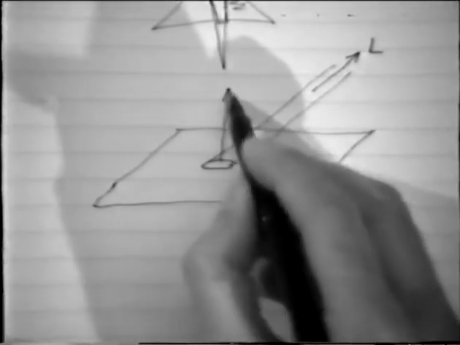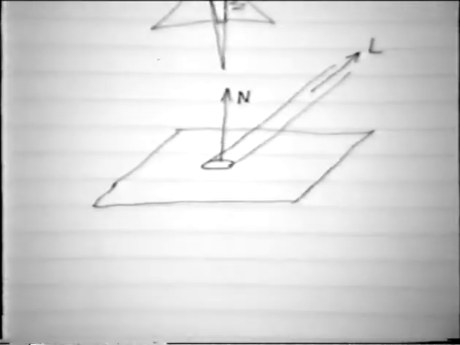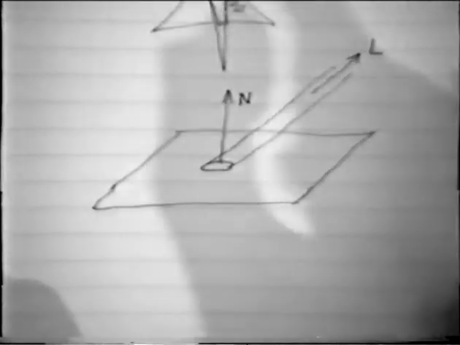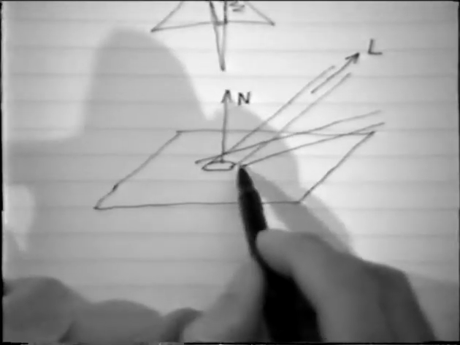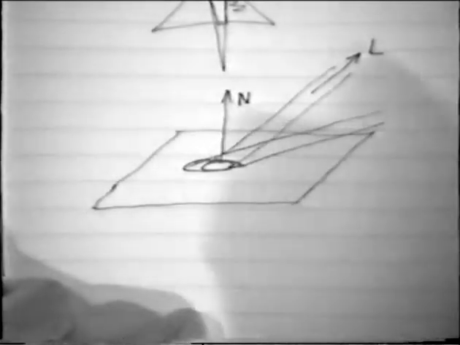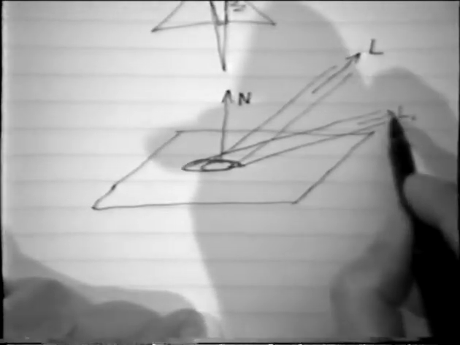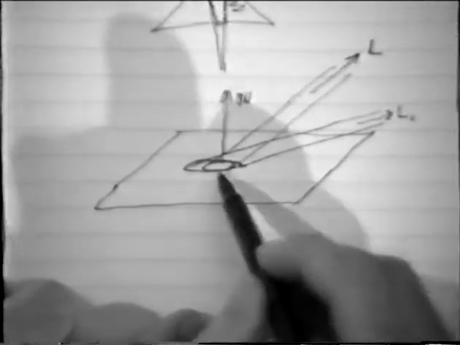This direction here, N, is the normal to the surface. Now, you can imagine if the light came in at a steeper angle, like this, the area that it would cover would be much more spread out. And if it came in perpendicular, the area it would cover would be more or less circular.